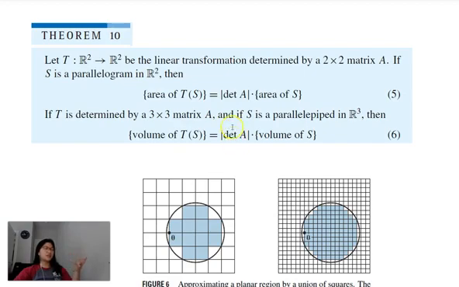And the same thing works with your parallelepiped volume, where S is your parallelepiped in R3, and your transformation is going to scale the volume of your original thing by the volume of the parallelepiped determined by your linear transformation.